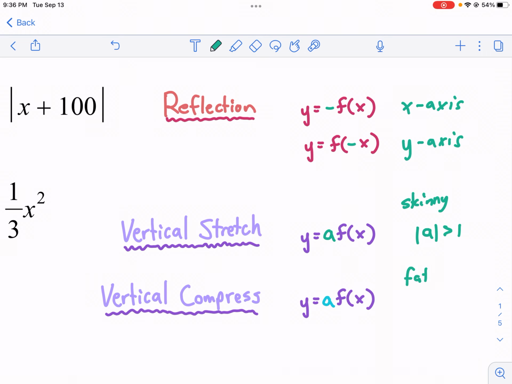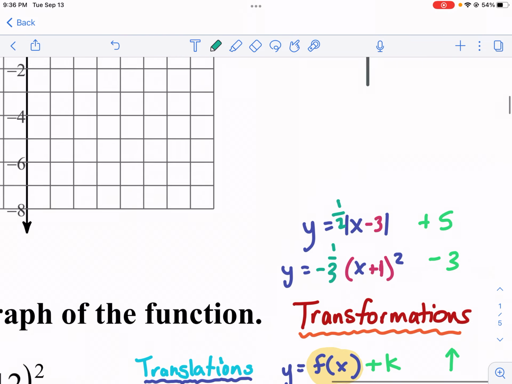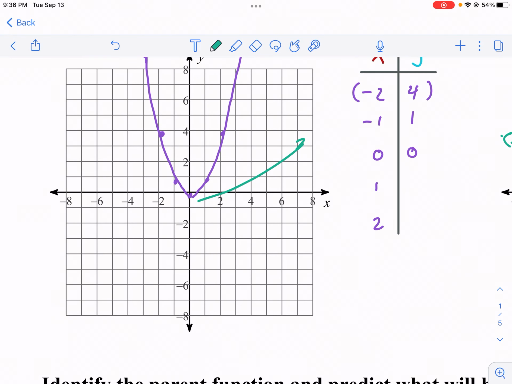It's when they get fat. When we're talking about a fraction, when it compresses, we're talking about between 1 and 0 of a. So that, in this case, would be something like 1/2 or -1/3. Now we're talking about a vertical compression, and that, of course, is when it gets like this, when it takes its time getting up.